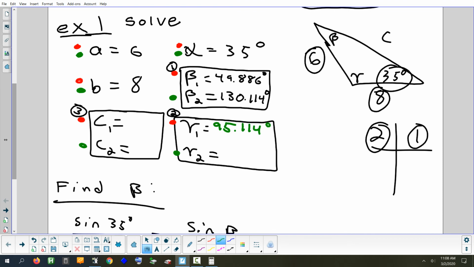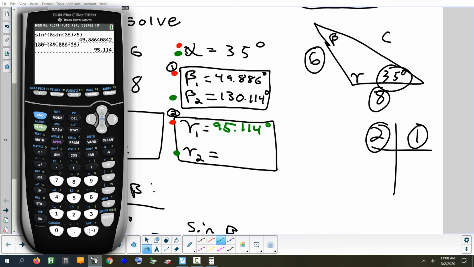Now, if you want, you can go ahead and do C1 right now as well. Okay, but while I'm doing the angles, I just like to finish those off. Jaylees, how would I get gamma 2? You'll have like beta 2. Yep. So that one I can just do, that's 165.114. 180 minus 165.114.